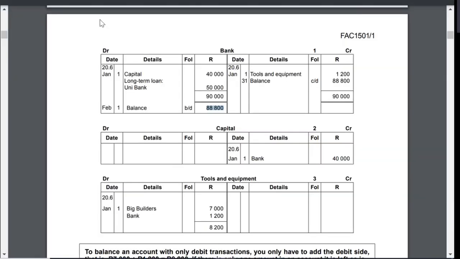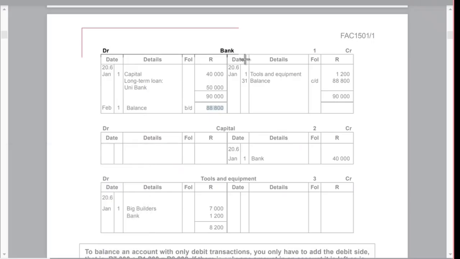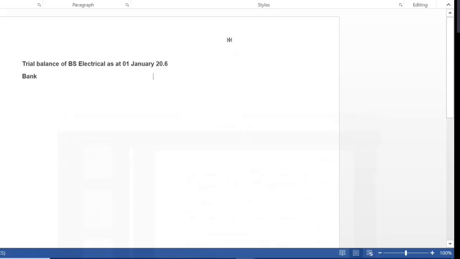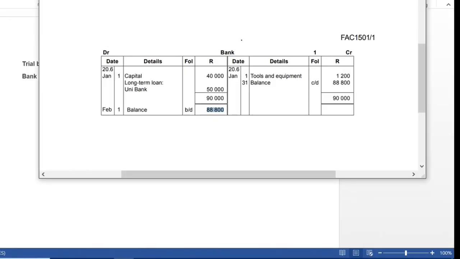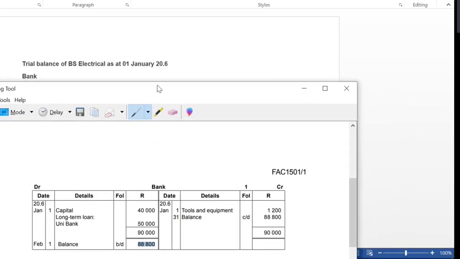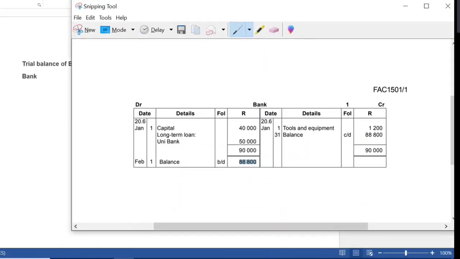So when you do a trial balance, you'll say bank. I want to show you how this trial balance was generated. This trial balance was generated using this general ledger.